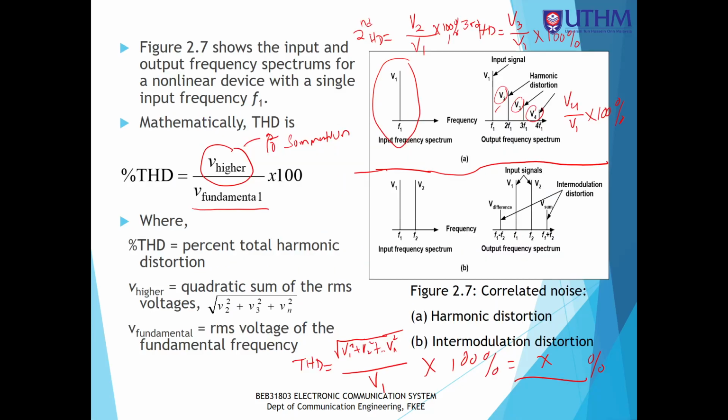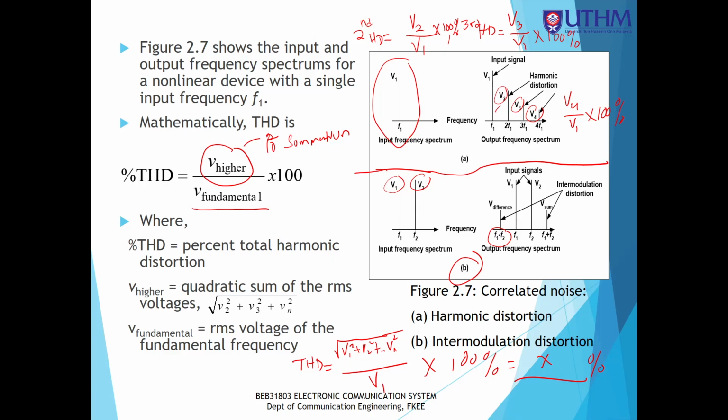So I show the picture. The picture is picture B. In picture B, it shows at least we have two inputs, V1 and V2. You put these together inside the nonlinear device, nonlinear amplifications. What happens is that it will produce harmonics, and the main harmonics is what we call the sum and difference. So sum is F1 plus F2, and the difference is located at F1 minus F2.